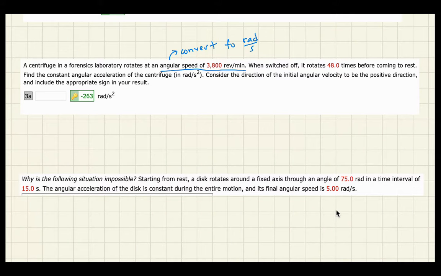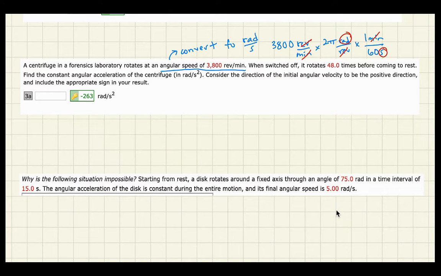So that would be, in this case, 3,800 rev per min times 2 pi radians per revolution times 1 minute over 60 seconds. Then our revolutions would cancel, our minutes would cancel, and I'd be left with radians per second.